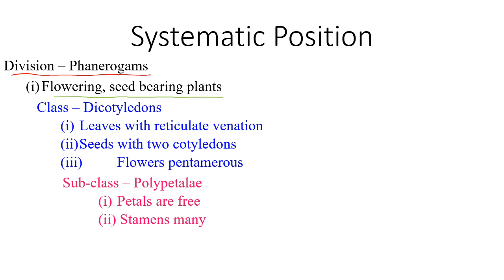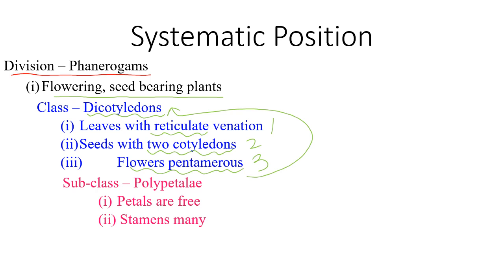Then the class is dicotyledons. Why? Because leaves are with reticulate venation, seeds with 2 cotyledons, and flowers with pentamerous symmetry. Because of these 1, 2 and 3 characteristics, the class is dicotyledons.